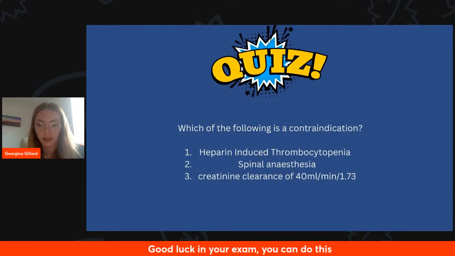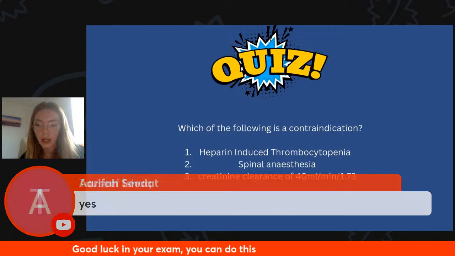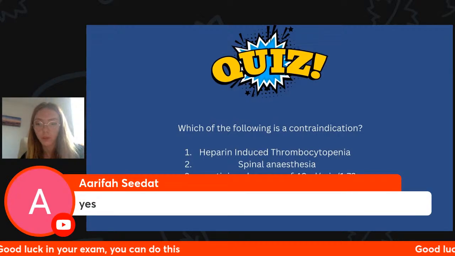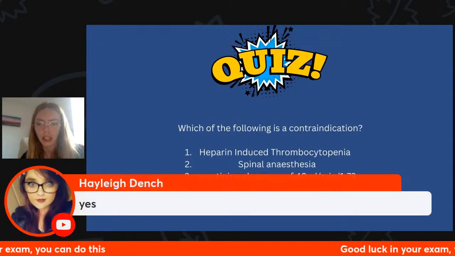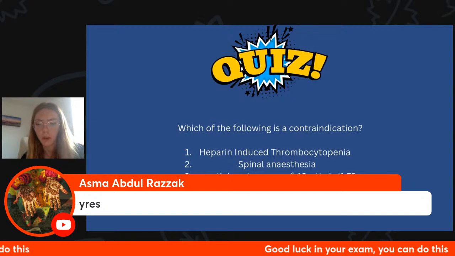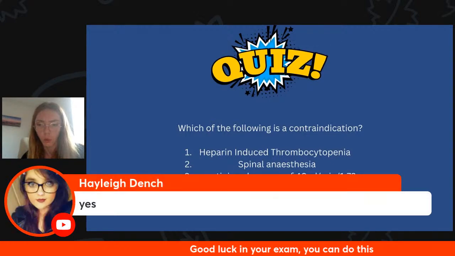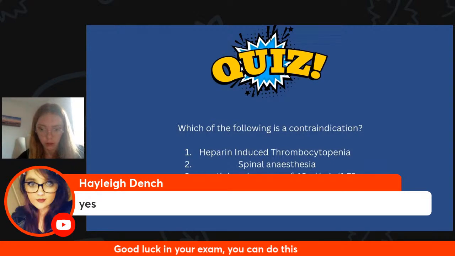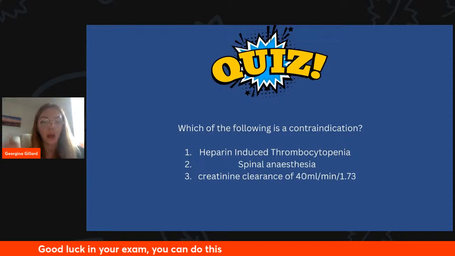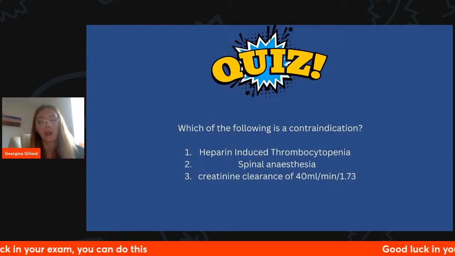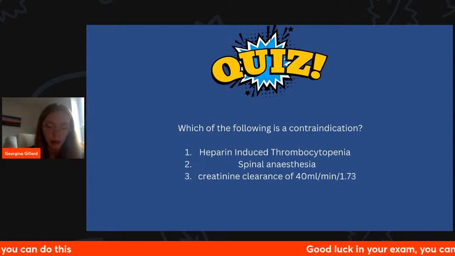We're getting yes. Fantastic. Of course it's going to be. Okay, you're all probably thinking, I don't need to look in the SPC for this. Heparin-induced thrombocytopenia. Of course it's going to be a contraindication. If someone has heparin-induced thrombocytopenia, we don't just go giving them more Clexane on top. We don't do that.